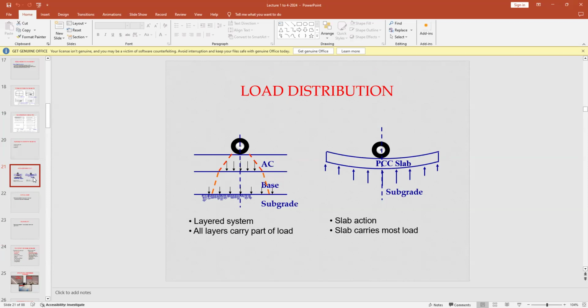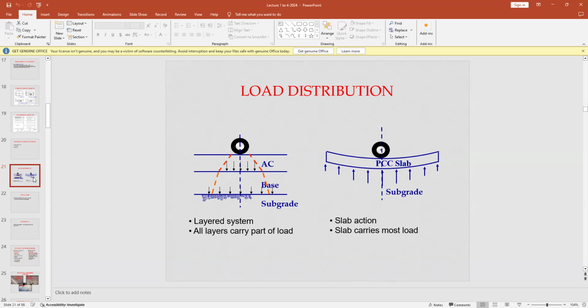You must be wondering why there is a differential behavior. Think on the left-hand side, this is an asphalt concrete. This is also concrete. The PCC is also concrete. But the asphalt in asphalt concrete doesn't have any strength at all. It doesn't carry any compressive strength, or it does not contribute to any strength. Unlike Portland cement concrete, Portland cement has its own compressive strength.